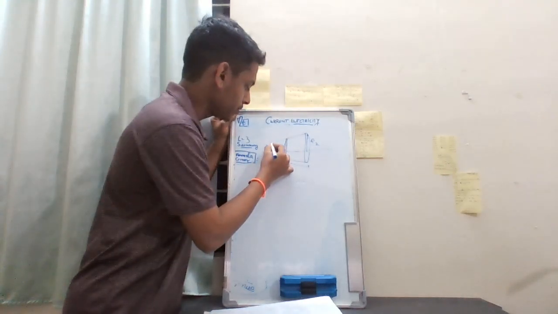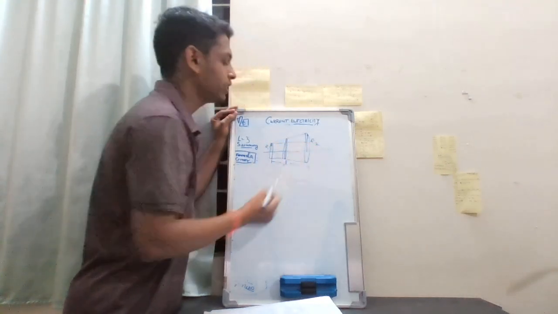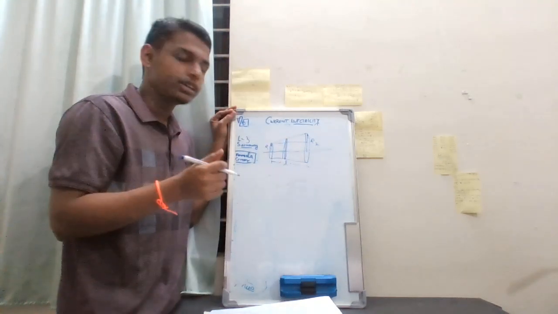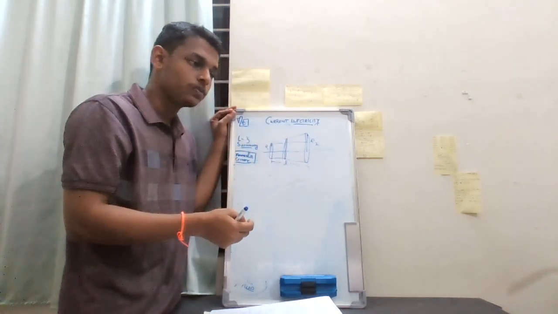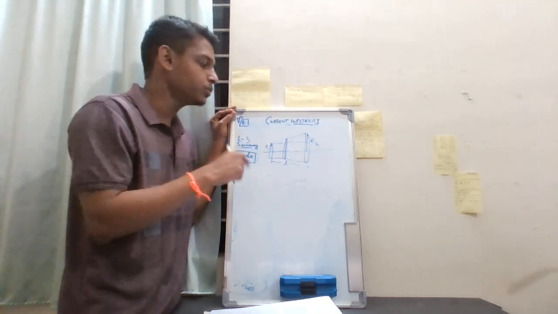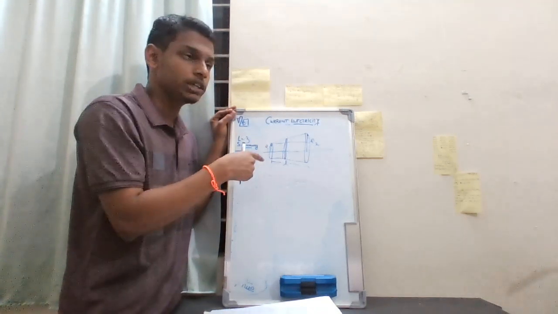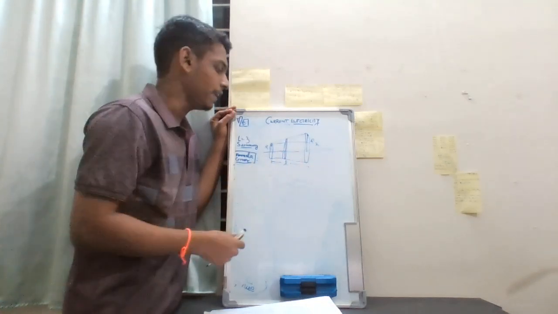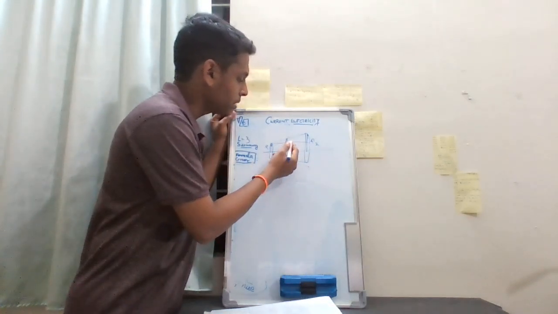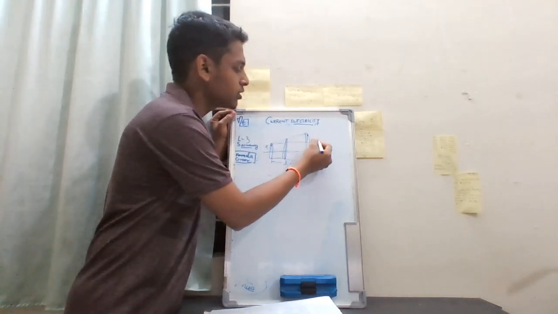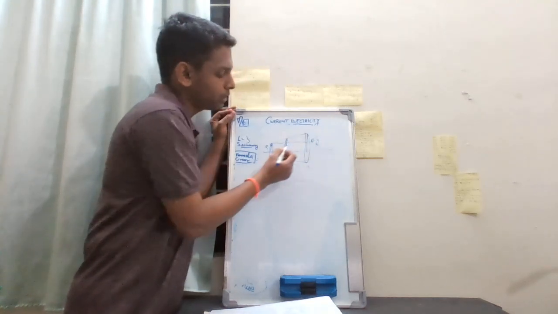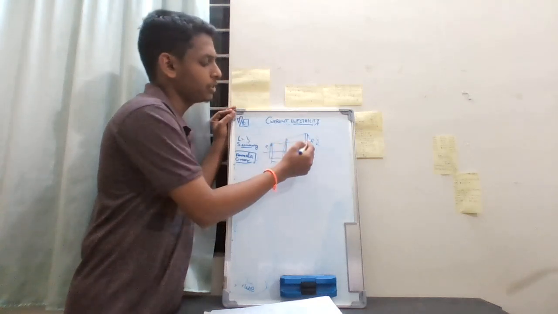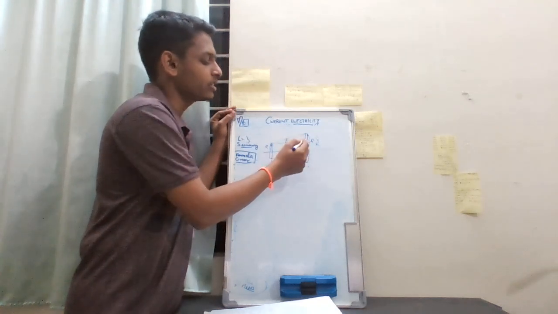We are considering its radius as r, so we have to express that r in terms of the known quantities R1, R2 and L. If we join the line here, a triangle is made.